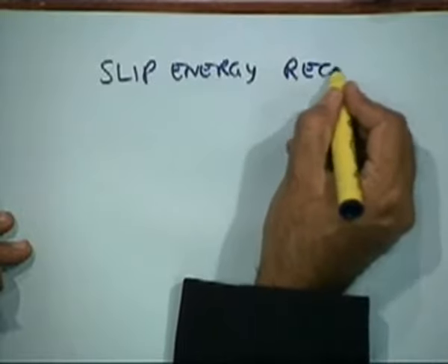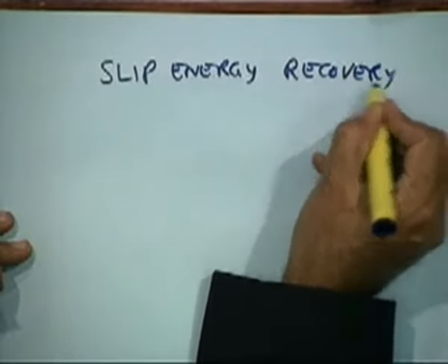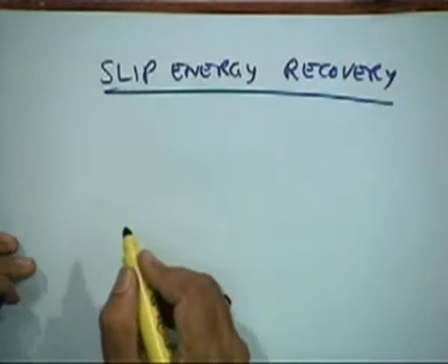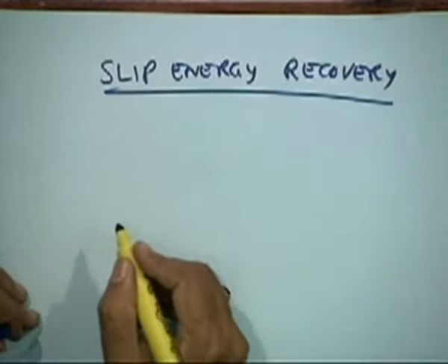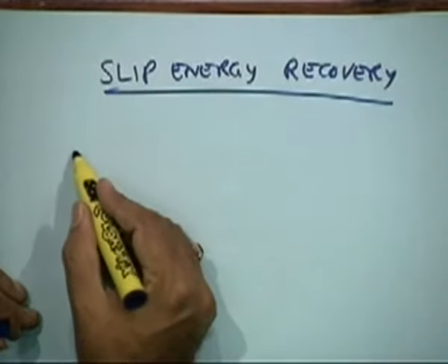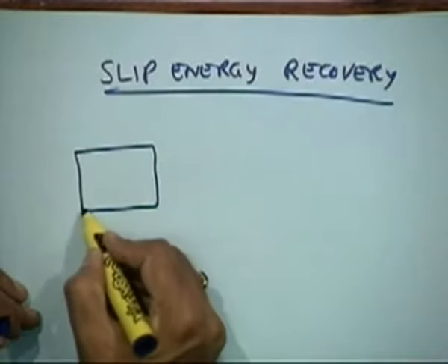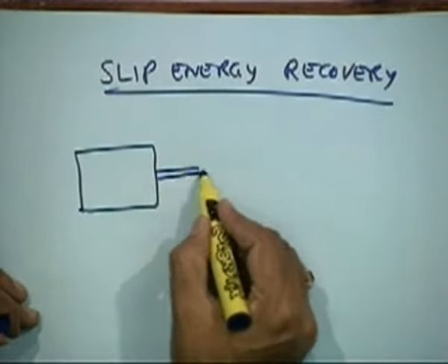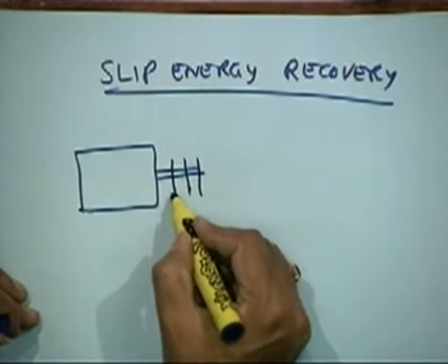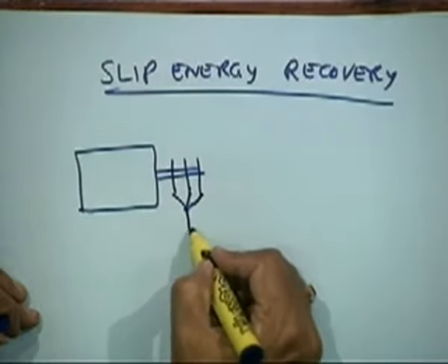At low speeds, you recover that energy which would have gone into this. How do you recover that? Supposing this is the motor and you have the slip rings and you have the slip power.